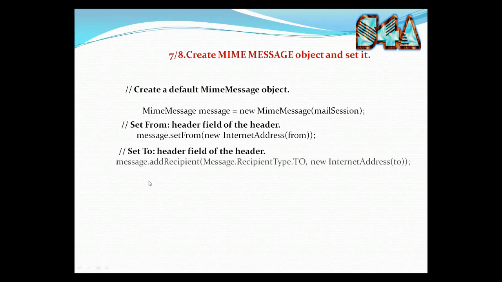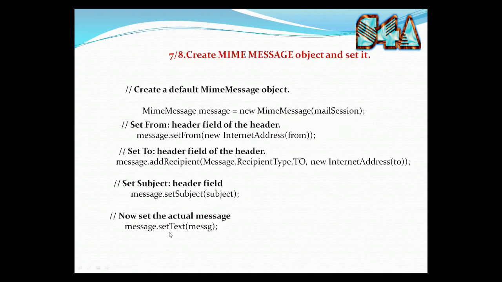Set it here by using message.addRecipient with Message.RecipientType.TO and new InternetAddress to. This to is the field which is used to send mail to that person. Set the subject, whatever subject you mention there, just put it in message.setSubject. That means here your subject is set.